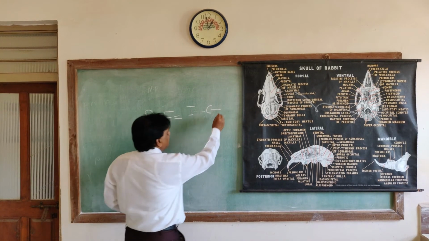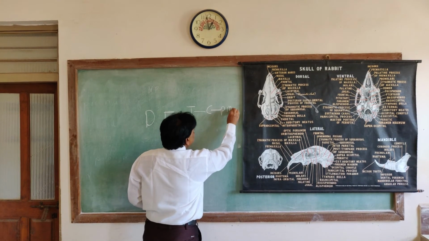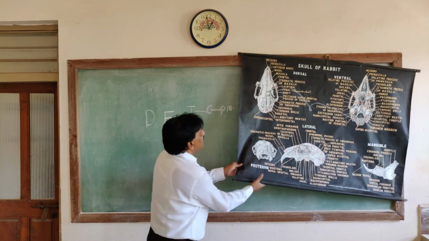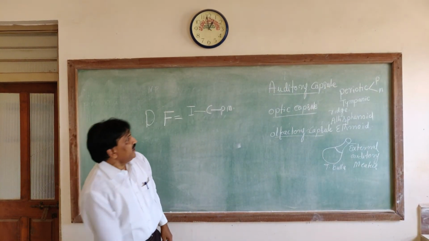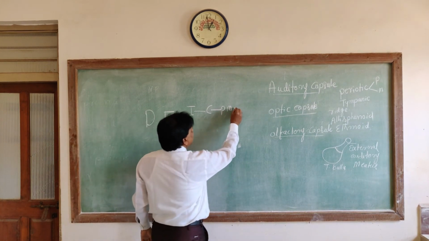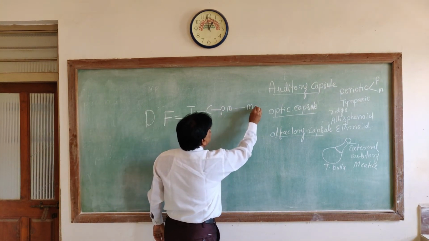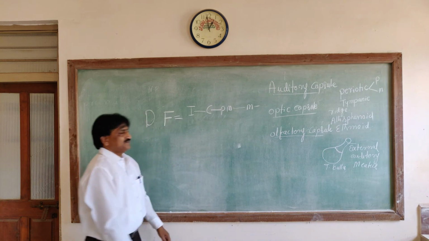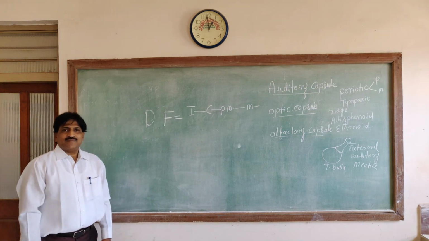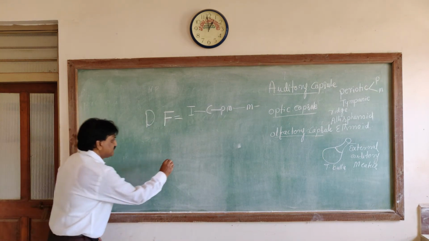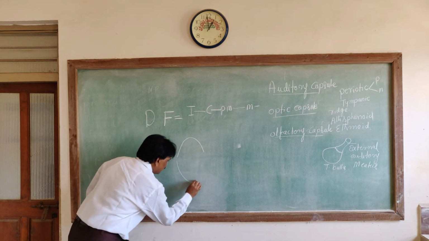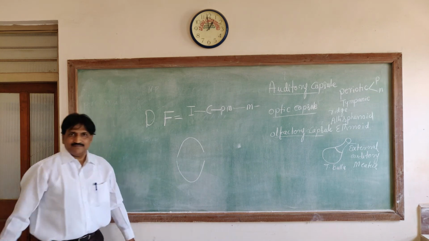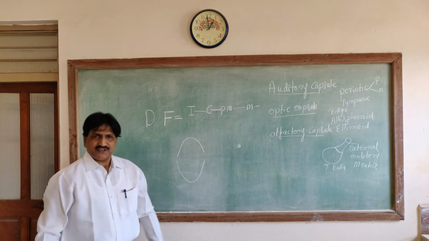Incisor, canine. PM means premolar. The next one, M stands for molar. Now here, this is the upper jaw and this is the lower jaw, to easily understand.